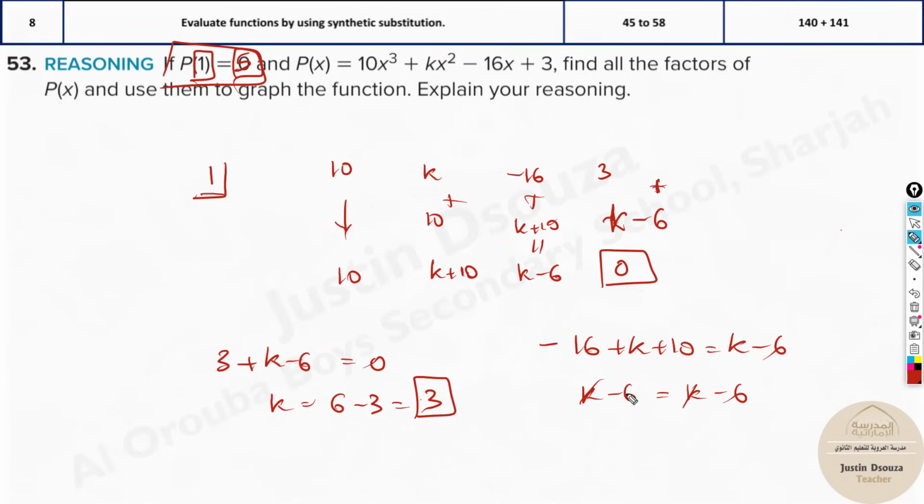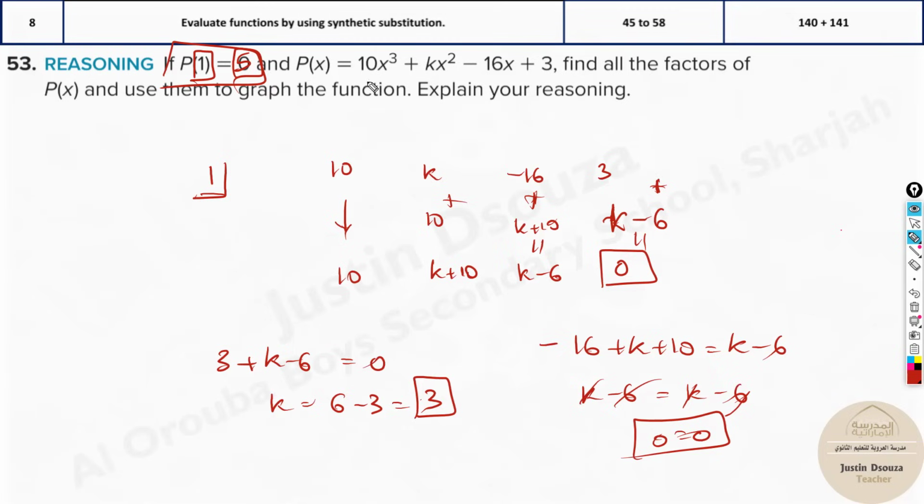This cancels. If you cancel, 0 equals 0. You're getting an identity. So this is the issue. Even over here, you'll get an identity. Obviously, you're just adding and writing it over here, right? You're adding this and writing it, but it's in the variable form only. But over here, only one time variable, but you know this answer. So technically, you know what it is going to be equal to. Only this you can solve.